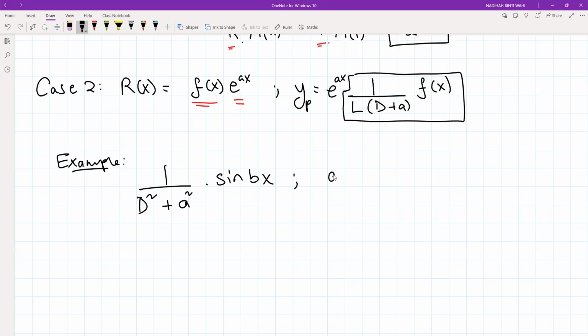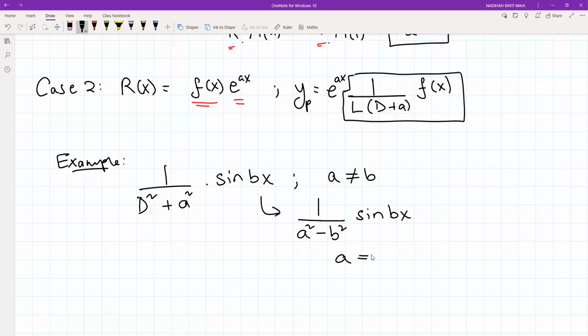So let's say a is not equals to b. So saya akan dapat, so this is just the same thing as 1 over a squared minus b squared of sine bx.